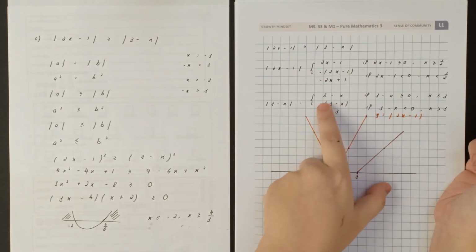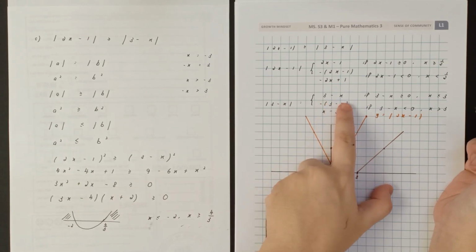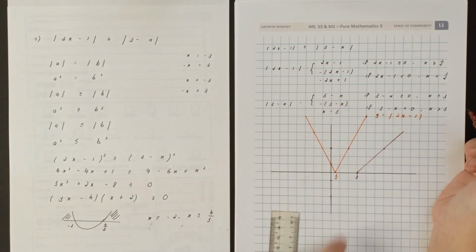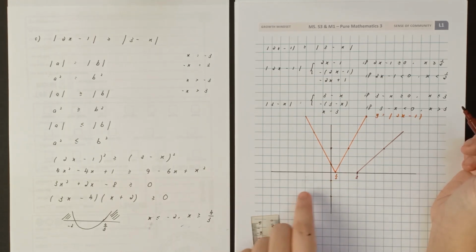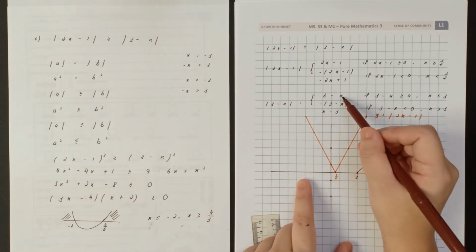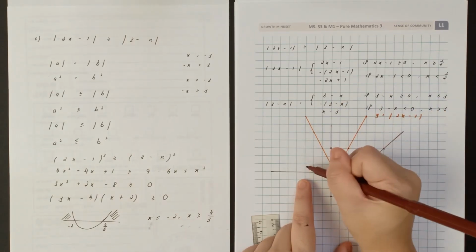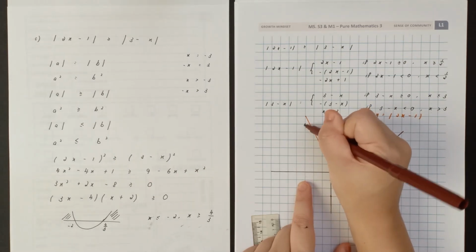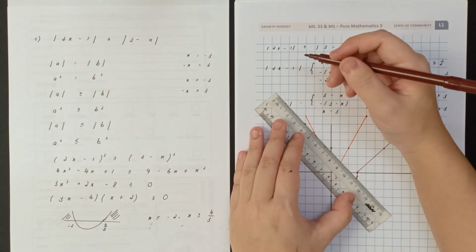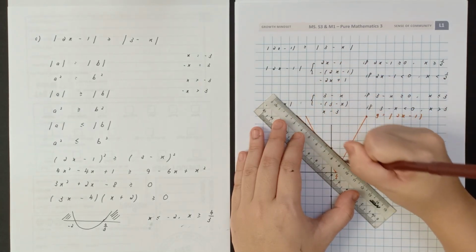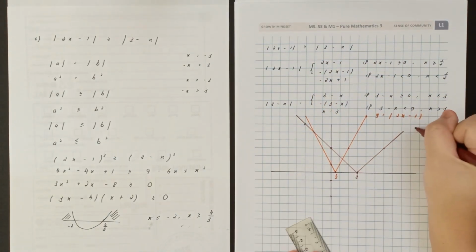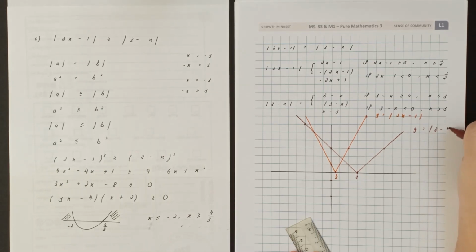Let's use a negative, negative 3. If I put negative 3, then I'll be able to get 6. So 1, 2, 3, 4, 5, 6. So it's here. Then I'm going to connect them together. Alright, so this is your graph for y equals 3 minus x.